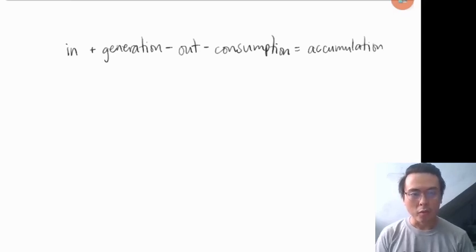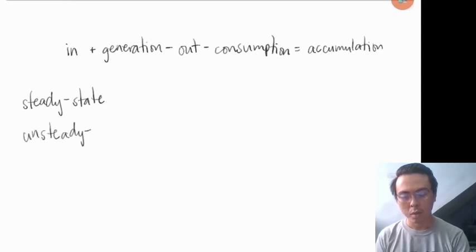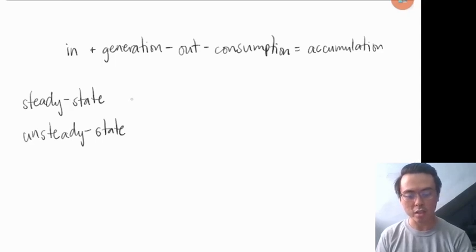Okay, for the classic material balance problems, we do have several types. We have steady state and unsteady state. For steady state material balances, what we mean is that there is no accumulation in the system. So for steady states, your accumulation is zero.